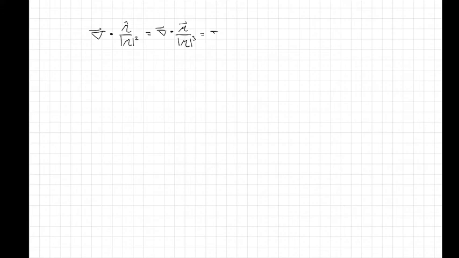And then I'm going to write out what this actually would be in our Cartesian coordinates. So we've got x minus x prime, y minus y prime, z minus z prime. Down here, we've got all of that business squared and then taken to the 3/2.